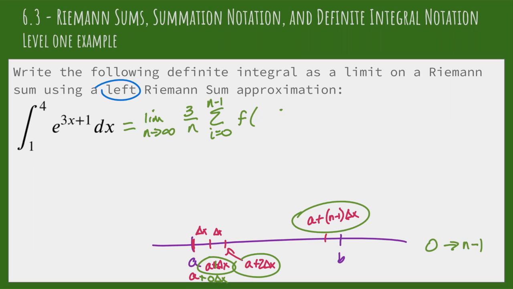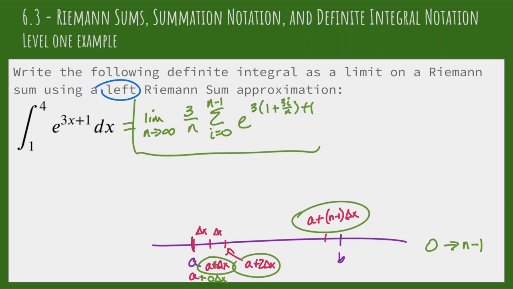However, we're putting in for a, we're putting a 1. i is going to stay the same. Delta x is 3 over n. So 1 plus 3i over n is getting plugged into the function. So that's going to be e to the 3 times 1 plus 3i over n, plus 1.